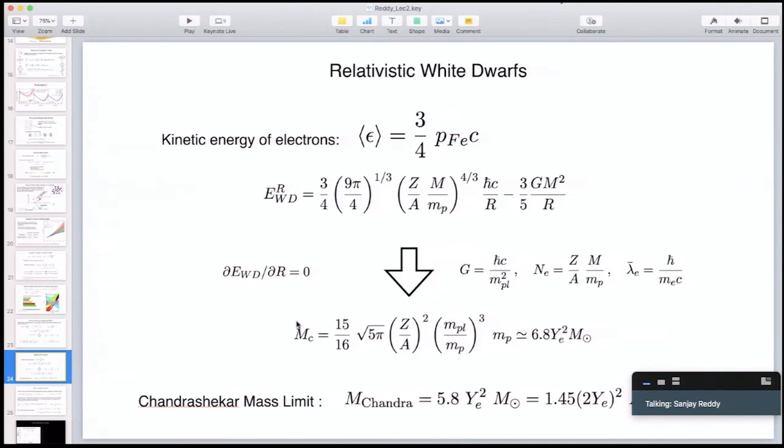It turns out that when you have a mass that is slightly larger than this critical mass, gravity wins and the object collapses. This limit, which is called the Chandrasekhar limit, can be derived by just using this very simple estimate. In this case, you get that the Chandrasekhar limit is 6.8 times Y_E squared, where Y_E is the fraction of electrons.